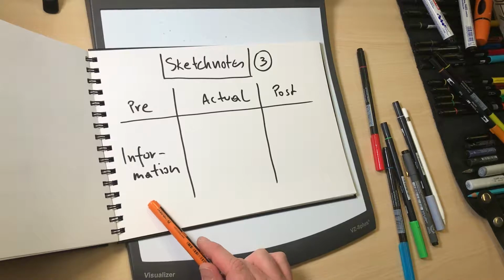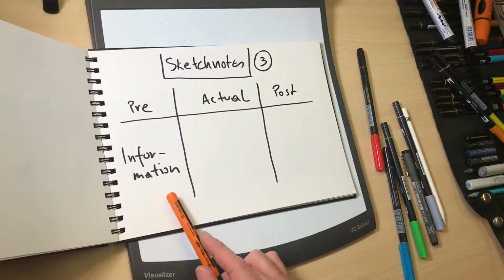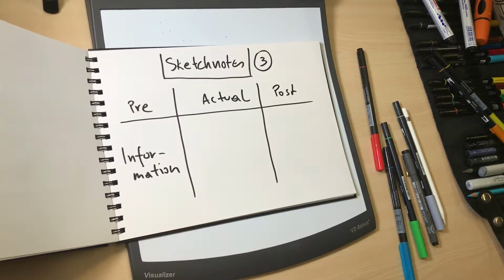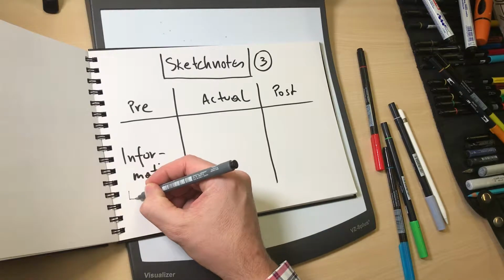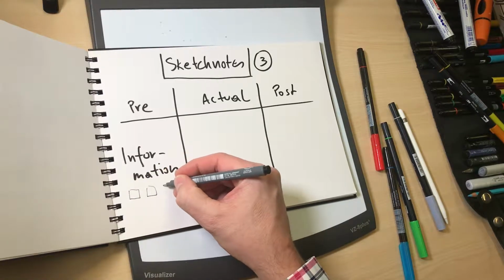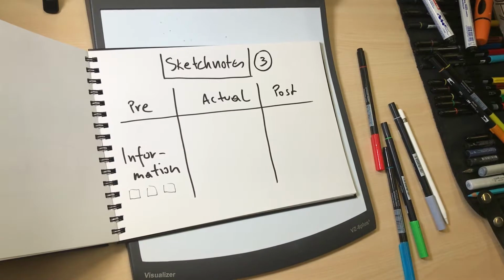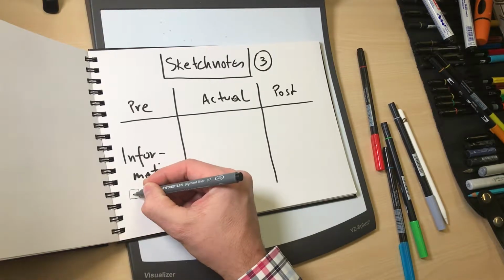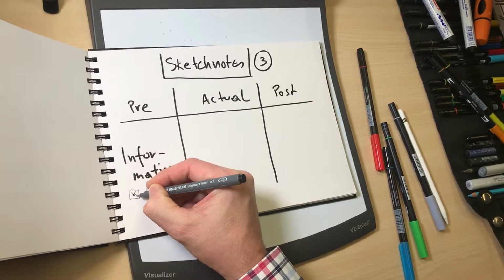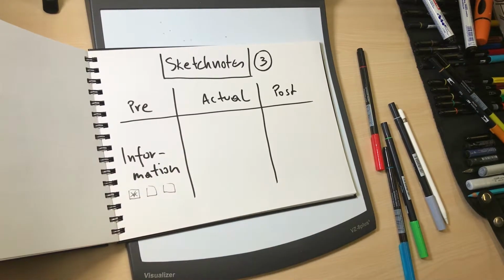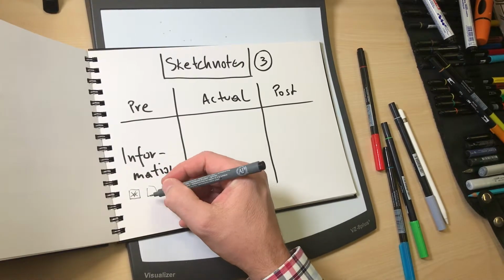Because for a Sketchnote, we need to figure out how we are going to structure it. Yes, how much space do we need? So it's good if we have at least a little bit of information, and then up front we could already consider, maybe again using thumbnails, what type of basic structure we want to have here. Do we want to start in the middle and then move out to the edges of that page?